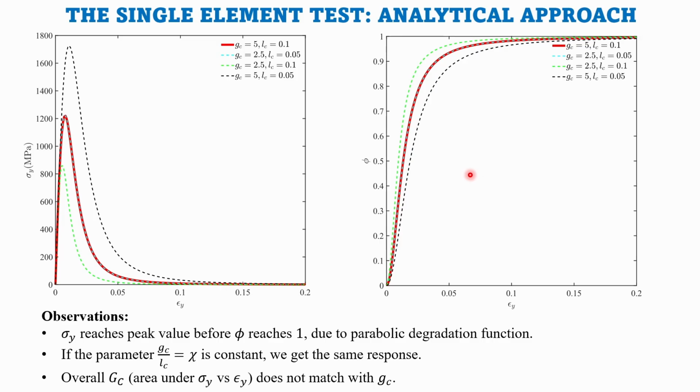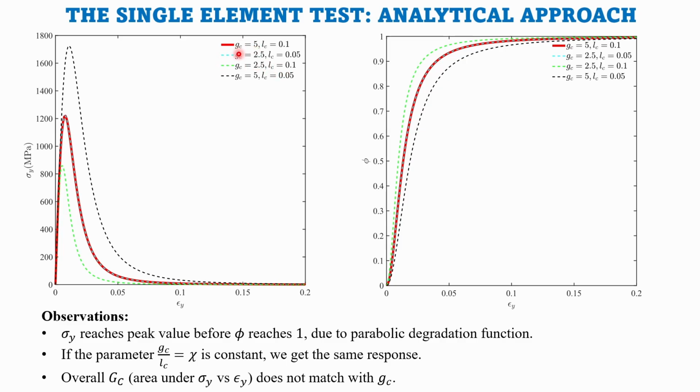Now look at these two plots very carefully. In this plot, I plot sigma y, which is my axial tensile stress, with respect to epsilon y, the applied strain, for different values of GC and LC. So you see this fat red curve has GC of 5 and LC of 0.1.